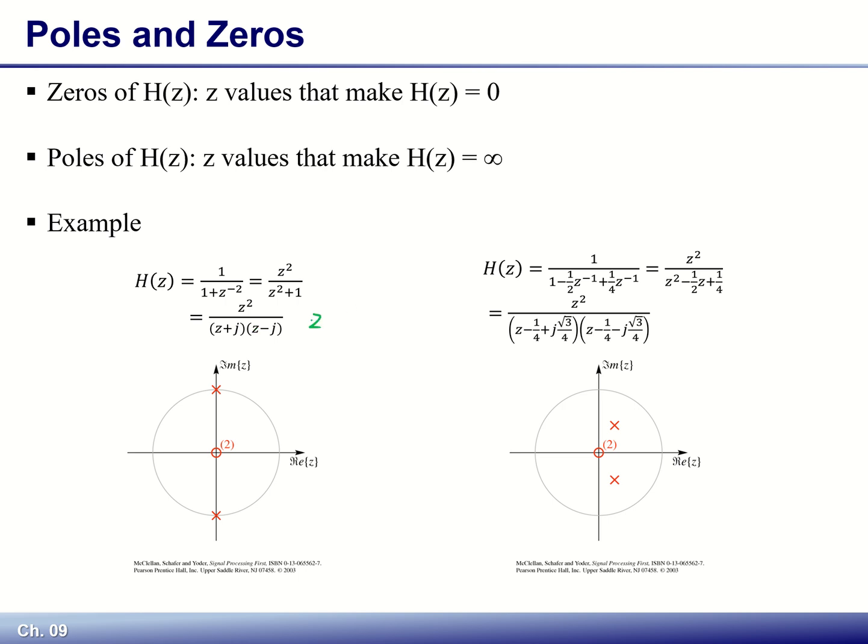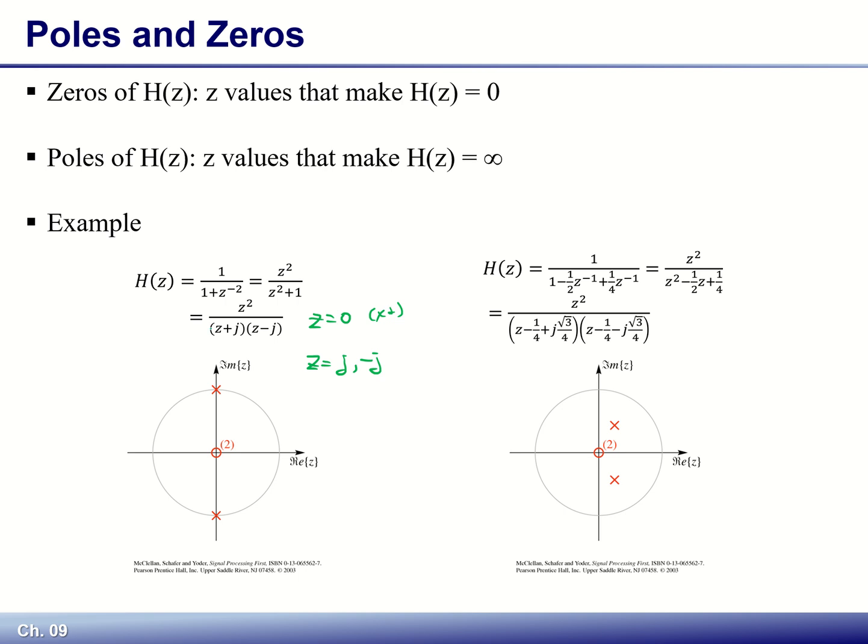So when z is 0, twice, it will be a zero of H(z). So the roots of the numerator will be zeros. What about j or minus j?